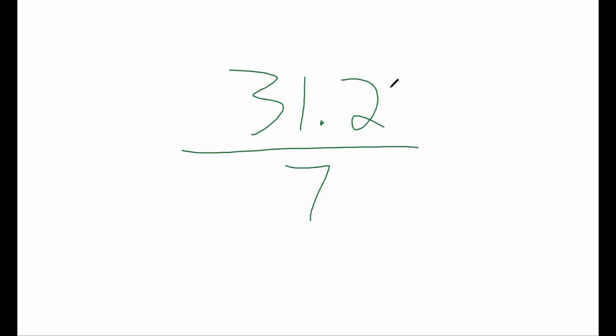Well, we remember the rational numbers. Yeah, you got it. It is a no. Because for the rational numbers, it's got to be one integer divided by another. And 31.2 is not an integer. An integer has to be a whole number that's positive, negative, or 0. You can't do any halfway in-betweens or anything like that. So that's not rational.